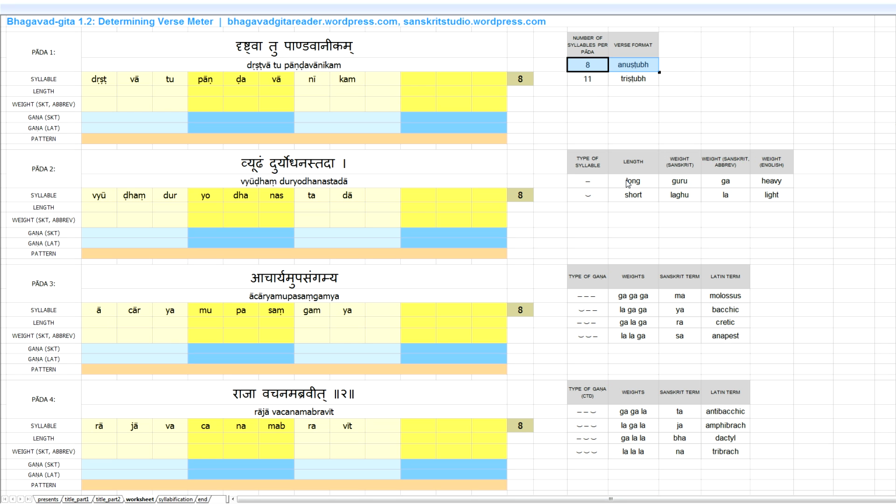Okay, so this was the first part, and in the next part video we will look at all the rest here in this table. So we will fill all the cells below here with the length and the weight and the gana and the pattern.